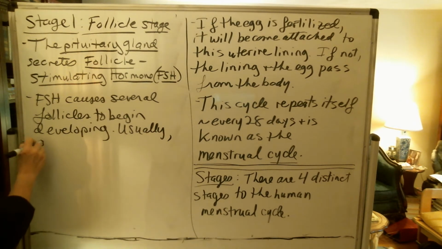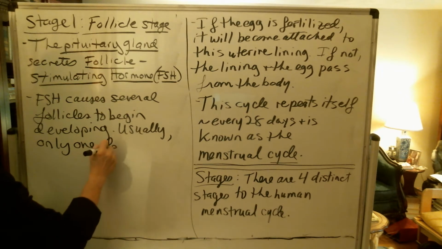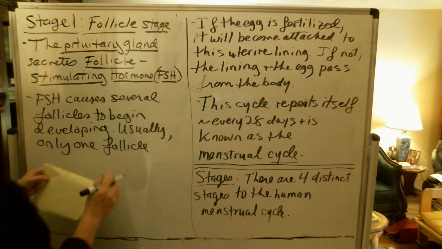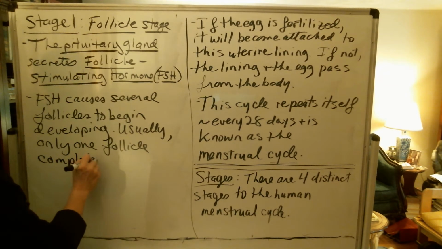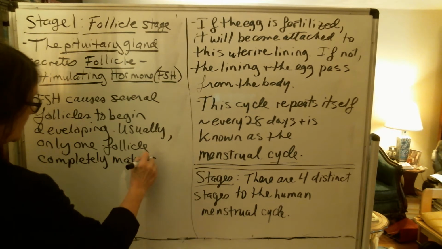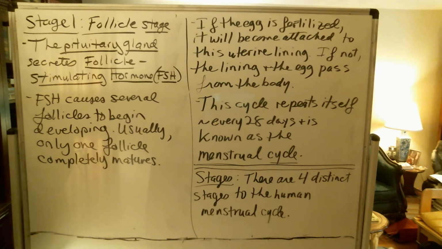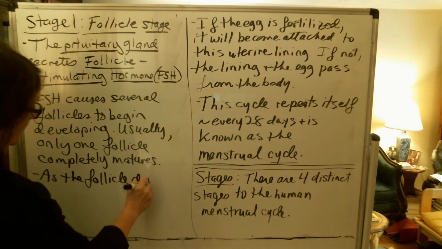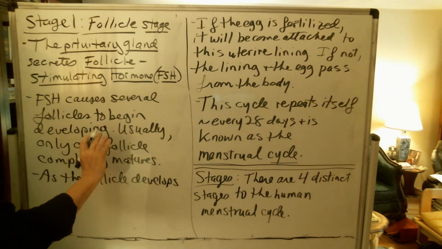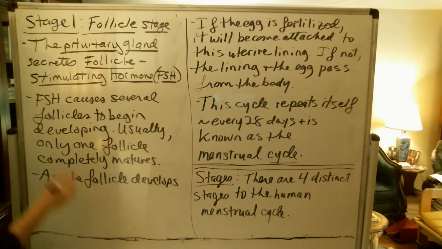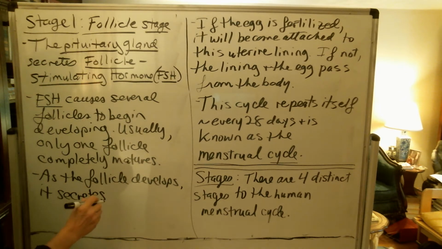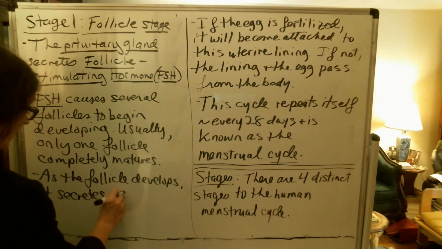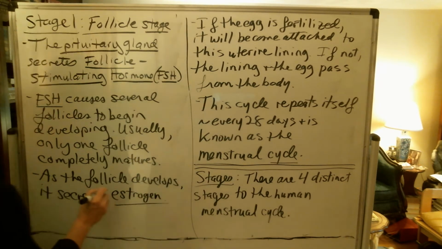And usually only one follicle completely matures. Then, as the follicle develops, so this development then is stimulated by FSH. But then as the follicle develops, it in turn secretes the hormone estrogen.